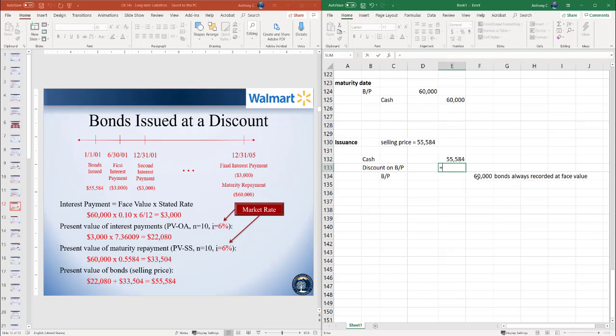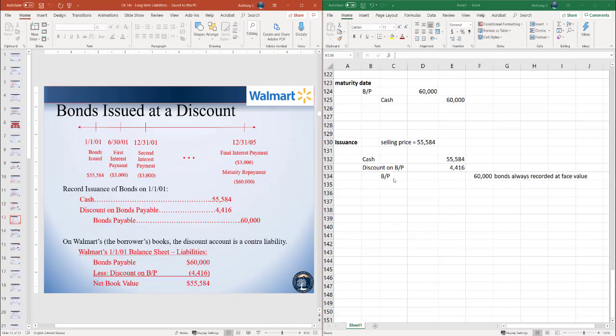It'll be for the difference between the face value of the bond and the issuance price, so $4,416. Okay, so that's what we're showing on the next slide, the journal entry.